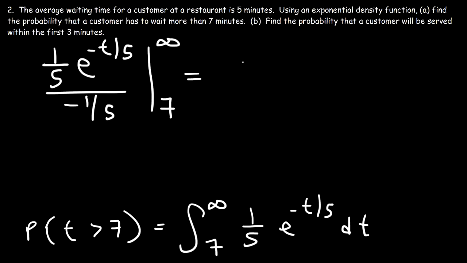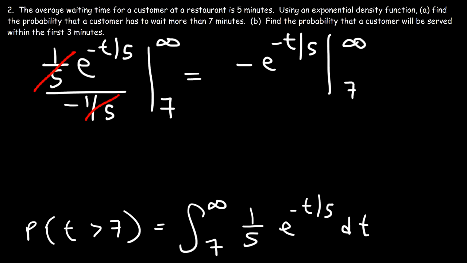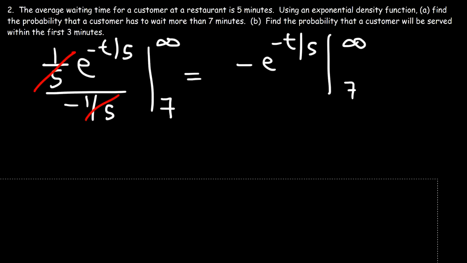So this is going to be, well, first we can cancel 1 over 5. And so this simplifies to negative e to the negative t over 5 from 7 to infinity. Now we have an improper integral, so we need to express this as a limit.